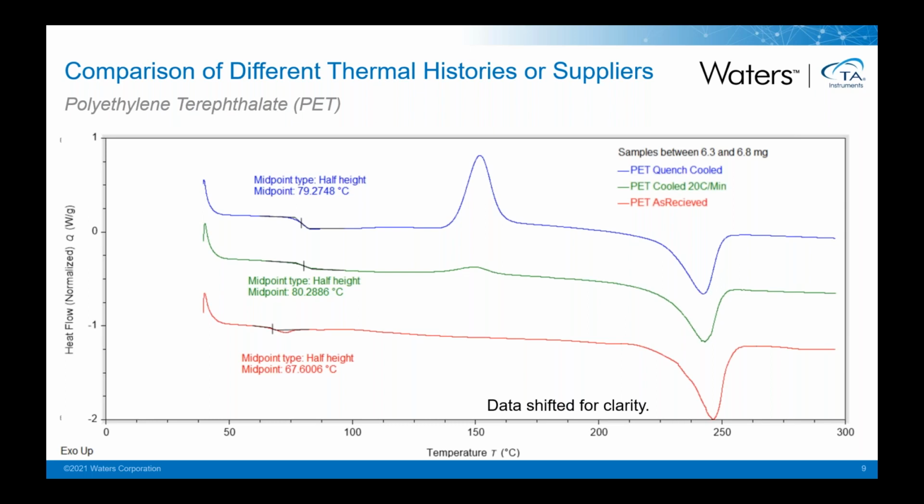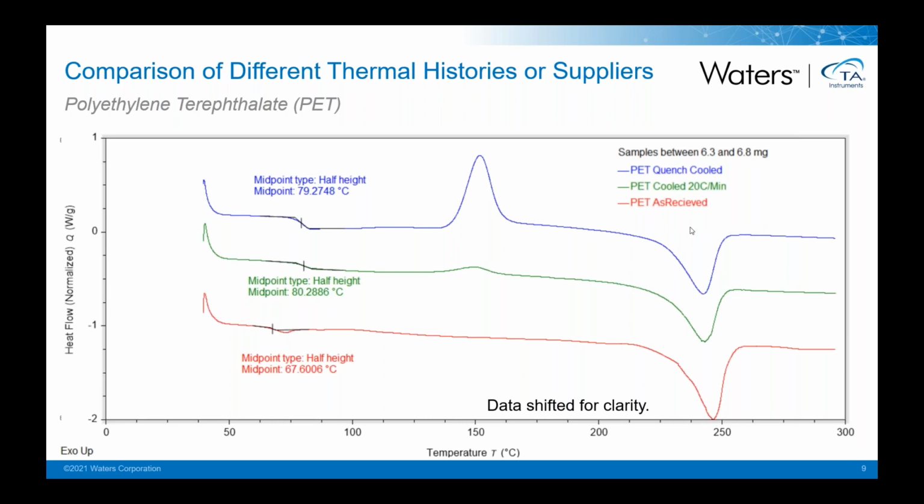So in this particular case, we can see that we have 3 PET materials, with various states of quench. So PET is as received in the red, cooled at 20 degrees C per minute, so given some level of thermal history, and then the PET in blue is a quench cooled version.